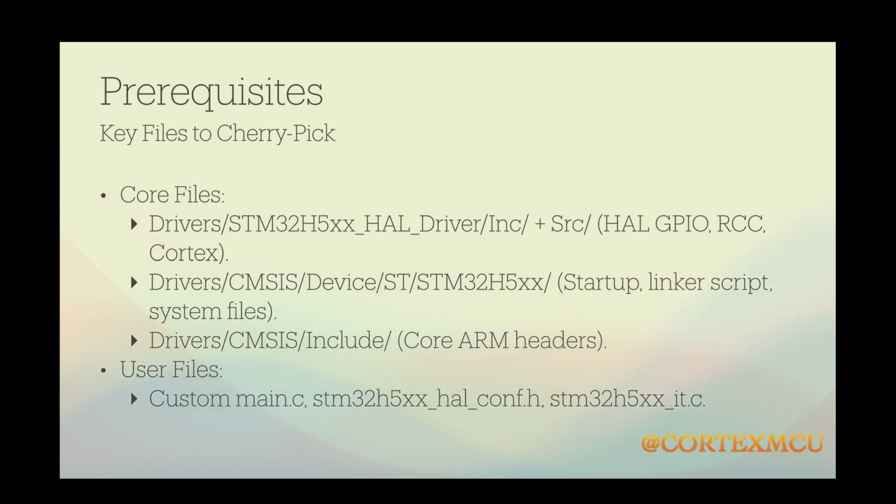It includes the HAL, GPIO, RCC, Cortex, etc. And we also need the CMSIS device ST STM32H5xx include, the startup assembly language, linker script, and system files. The linker script is optional, so you can use the predefined linker script or the linker script provided by ST.